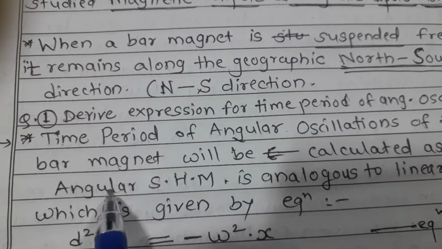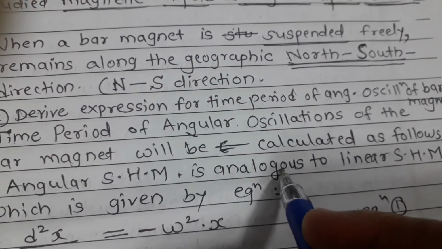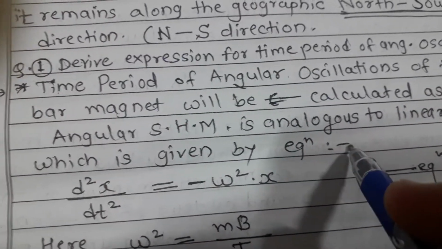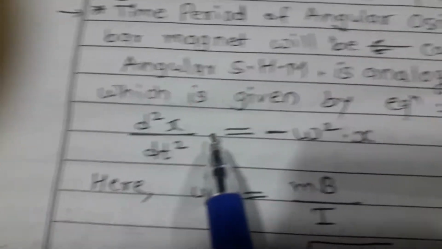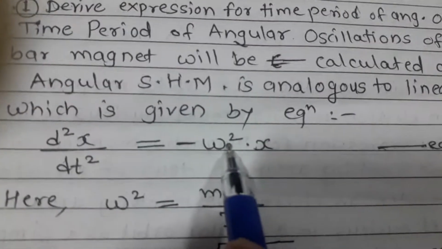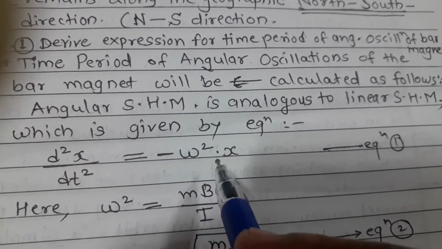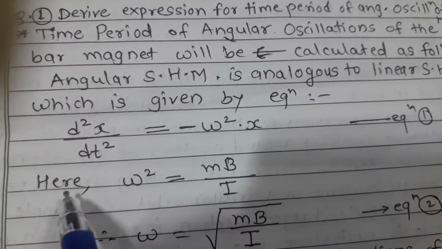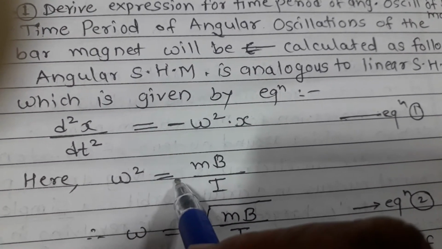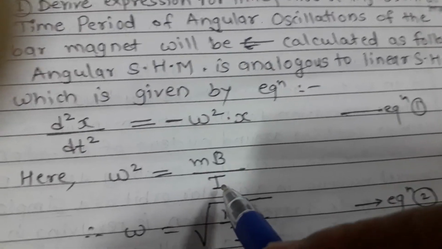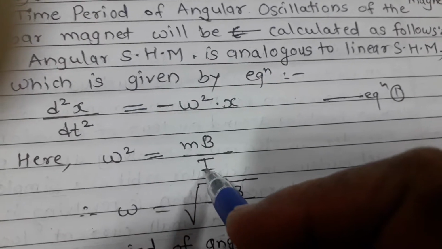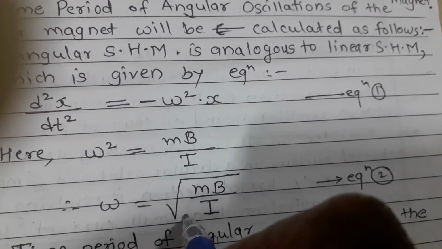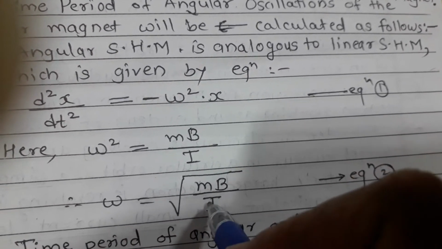Now, angular SHM is analogous to linear SHM, which is given by equation d2x upon dt square is equal to minus omega square into x, equation number 1. Here omega square is equal to small m into B divided by capital I. Hence, omega is equal to under root of m into B divided by I.